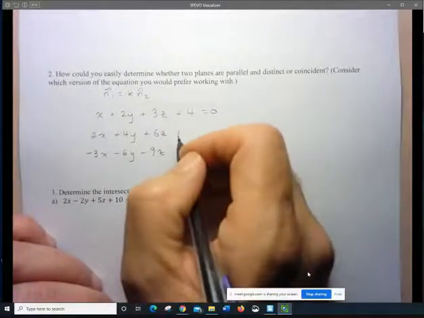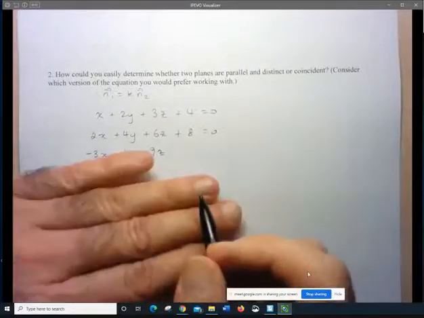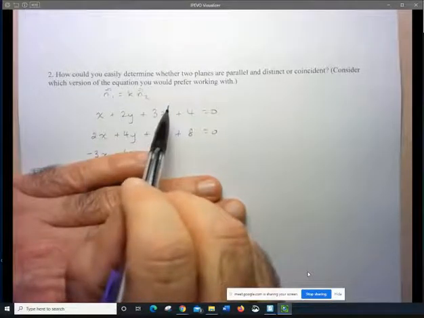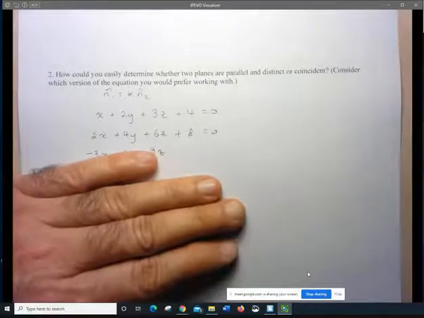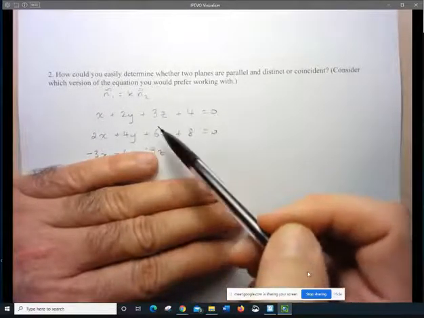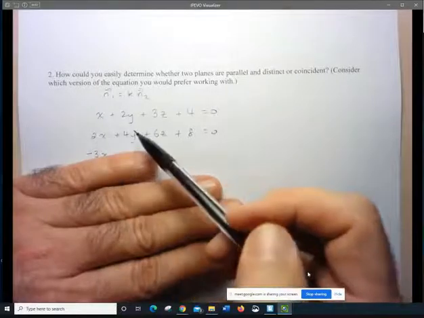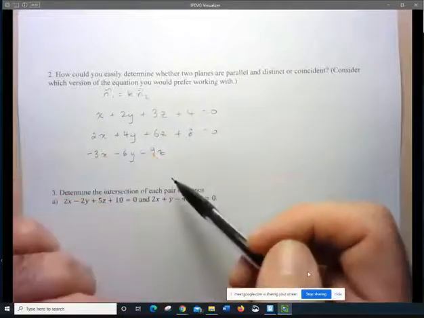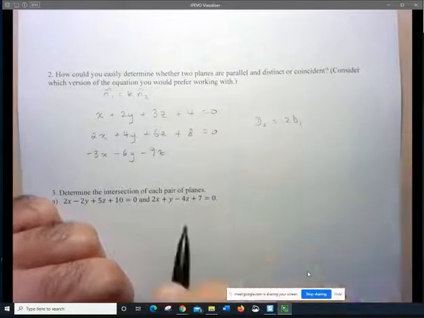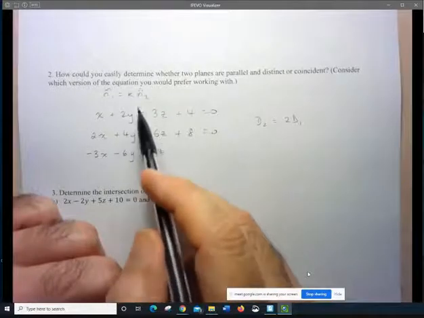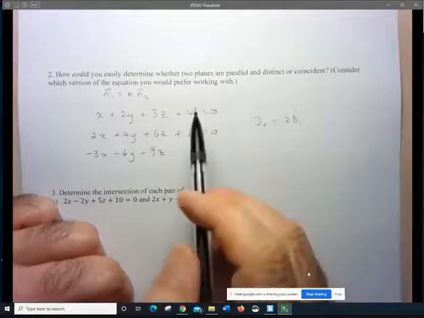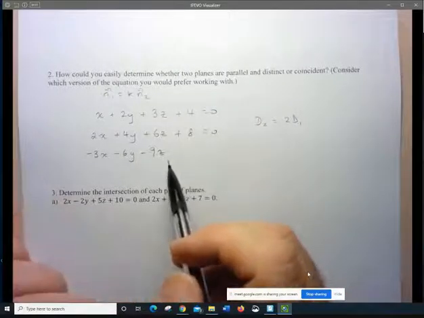Because here, if I have plus 8 equals 0, and I simplify this by dividing both sides by 2, I get exactly the first equation. So in other words, not only are the a, b, and c values different by the same scalar multiple, so are the d values. Here we have d2 is equal to 2d1. So not only are the normal vectors parallel to each other, but because the d values differ by the same constant, these two represent the same plane.